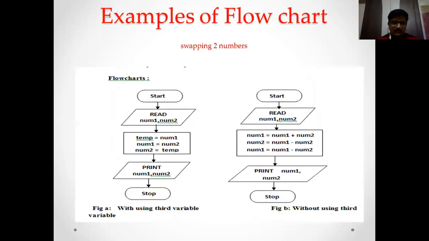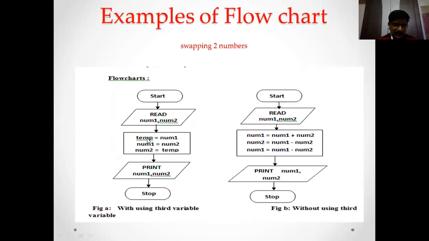Now let us see examples of the flowchart. There are two examples here for the same purpose, swapping two numbers. Let us see the left-hand side one first: start, read number one and number two. Here we are reading the two numbers. Let's assume number one is 10 and number two is 20.